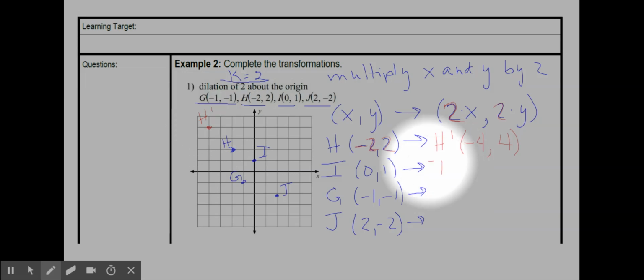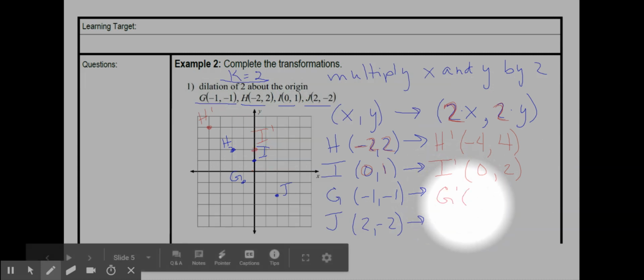Let's do that again for I prime. So I'm going to take 2 times 0. Well, anything times 0 is just 0. And 2 times 1, which is 2. So on my coordinate plane, 0, 2 is going to be I prime. And I can see that the points are starting to grow away from the origin.